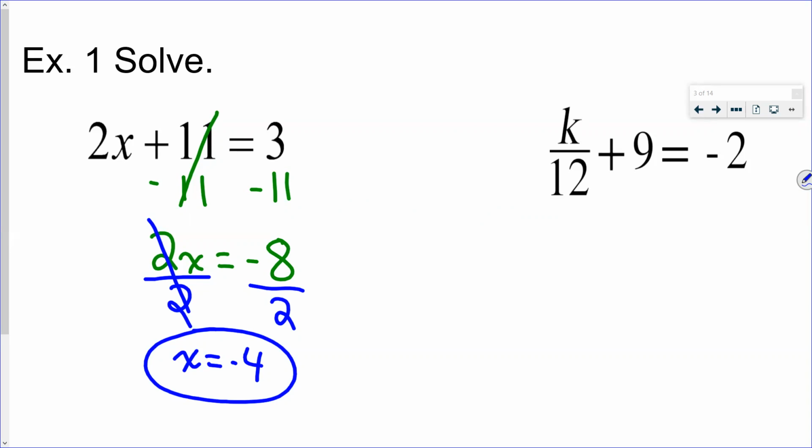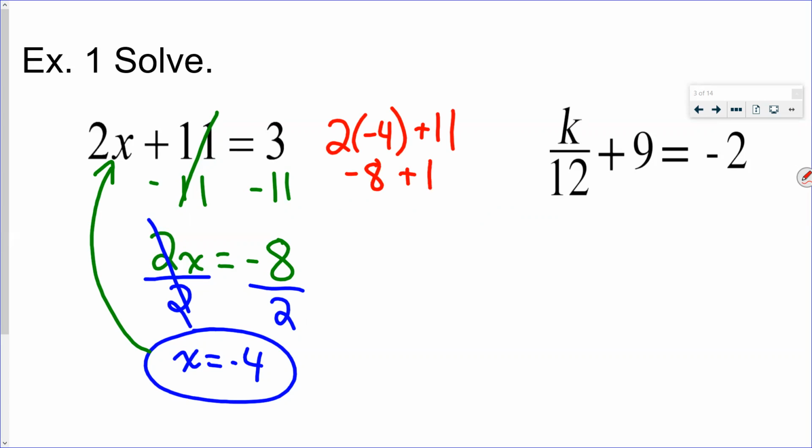Now we can substitute to see if we did this correctly. Just like we did with one-step equations, we can check whether we solved this correctly. So let's plug negative 4 back in for x. We have 2 times negative 4 plus 11. Well, 2 times negative 4 is negative 8, plus 11.